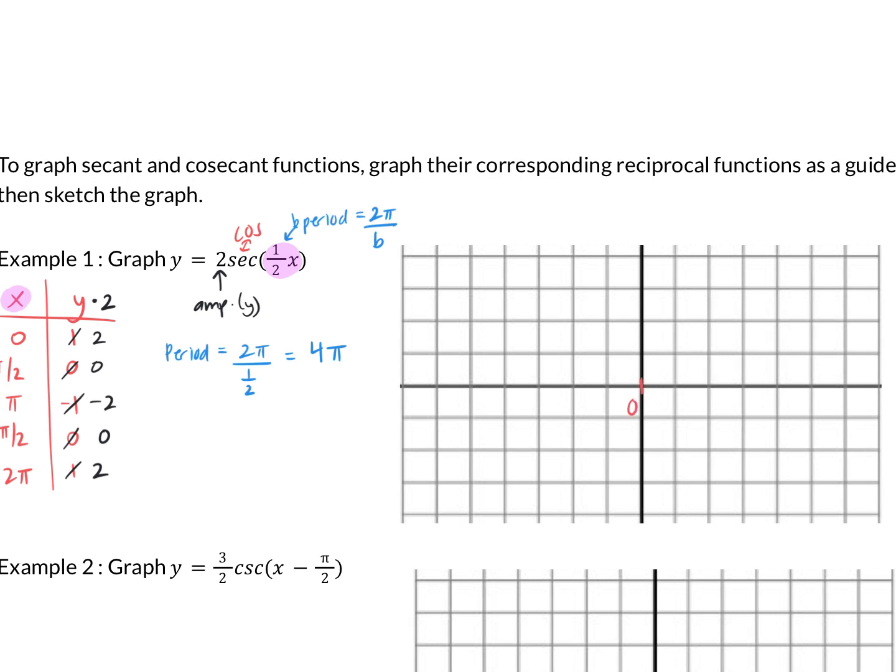And then we're going all the way to 4 pi. But I still need 5 points there, so that's 2 of them. So it's exactly halfway in between 0 and 4 pi, 2 pi. Halfway in between 0 and 2 pi is pi, and halfway in between 2 pi and 4 pi is 3 pi.